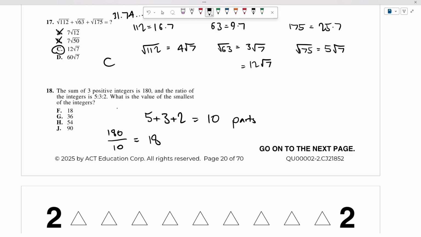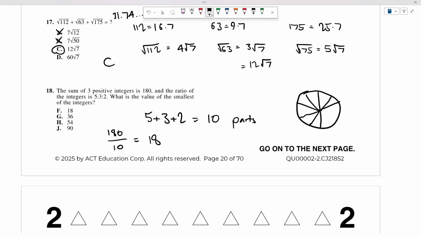And the smallest integer is going to be the one that's 2 parts, right? So one way to think of this is imagine you have a pizza. Whenever you see a ratio, you can think of a pizza. There's 10 total slices of the pizza.